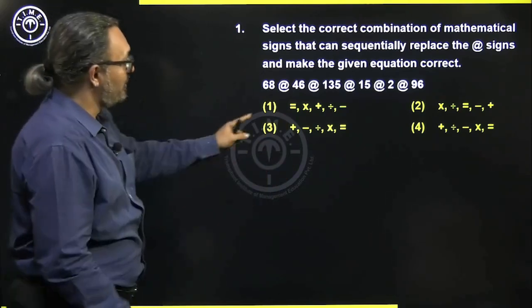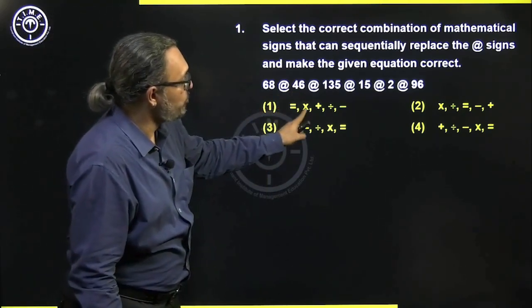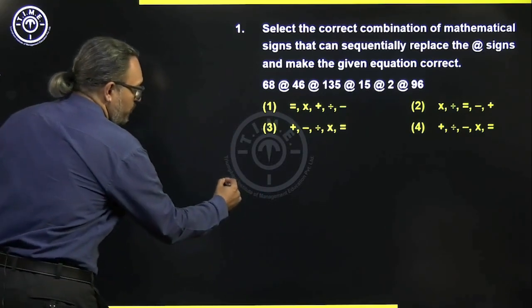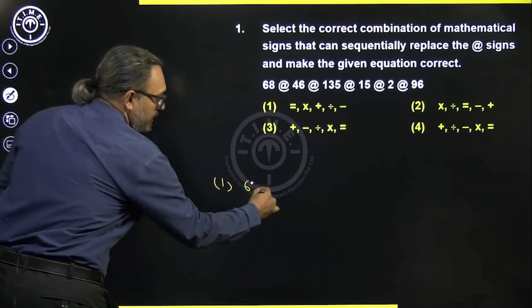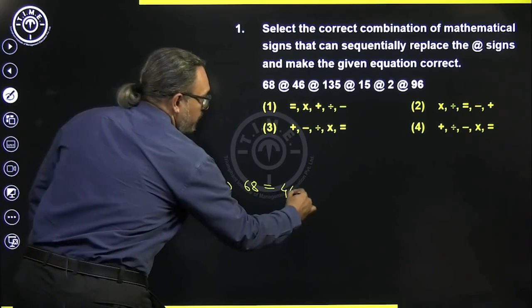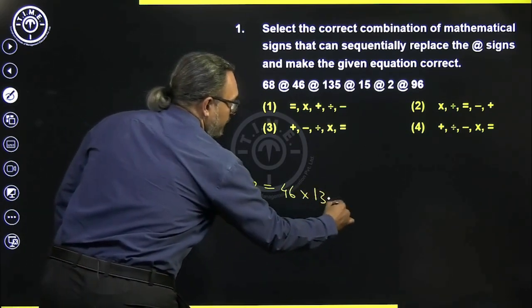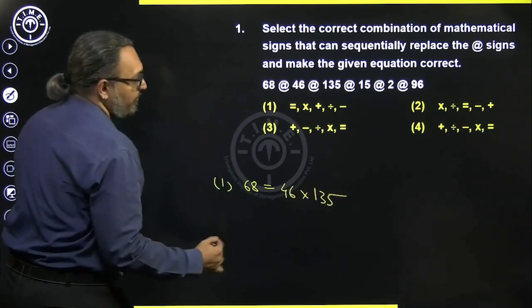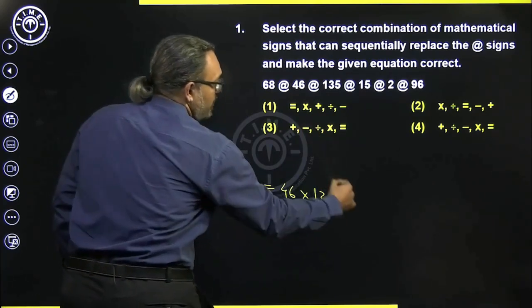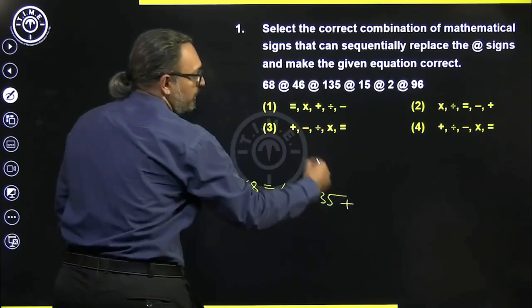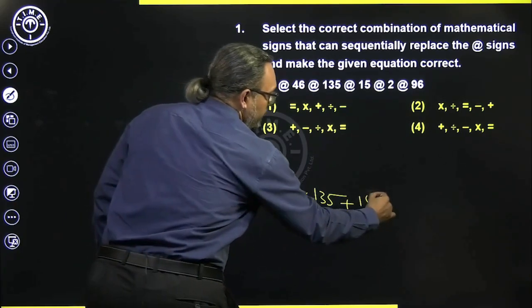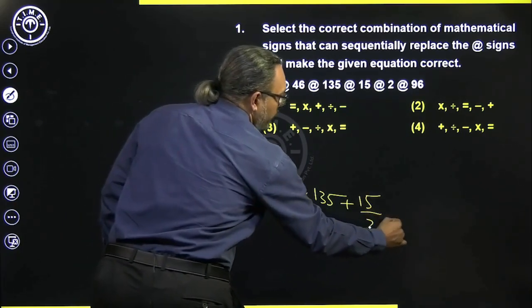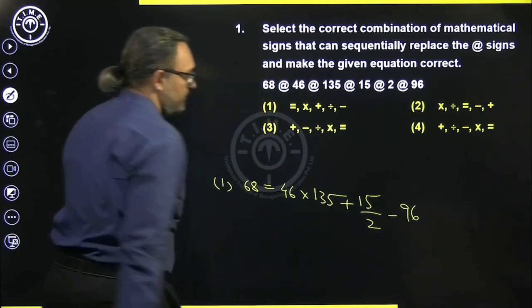When you look at the RHS, you have 46 then into. So if I take the first option, you have 68 equal to 46 into 135, then plus 15, then divide by 2 and then minus 96.